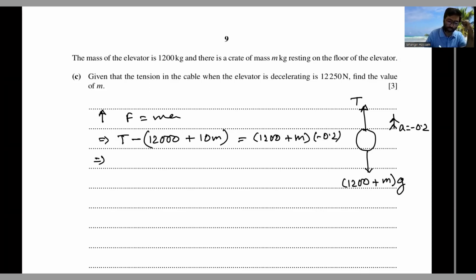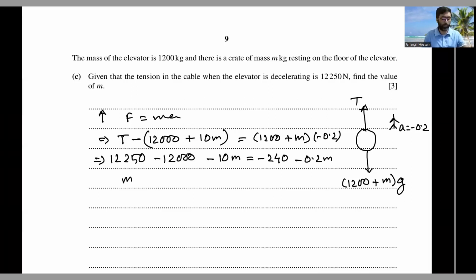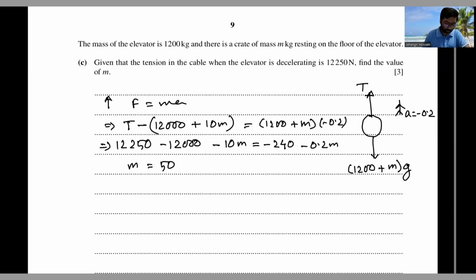And we know the value of T, 12,250 minus 12,000 minus 10 m, equals minus 240 minus 0.2 m. So from this one, m is equal to 50. So that's the value of m.